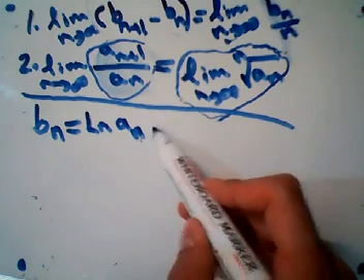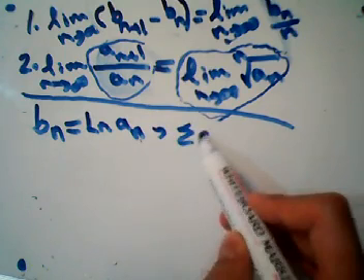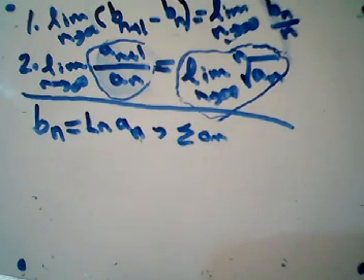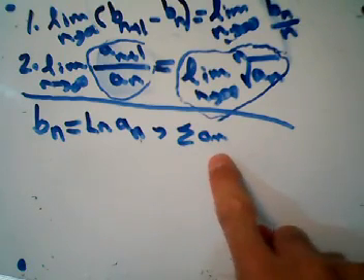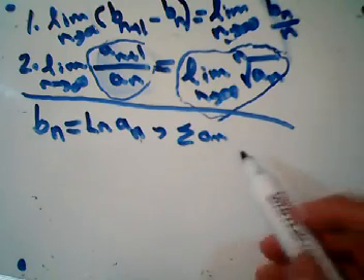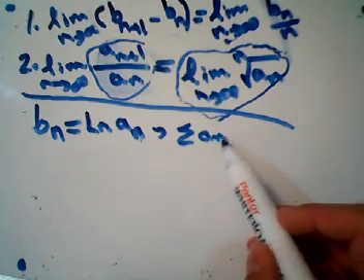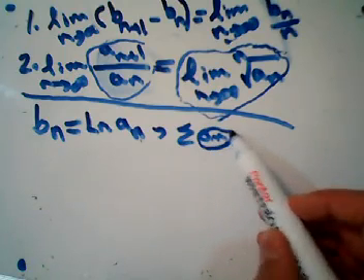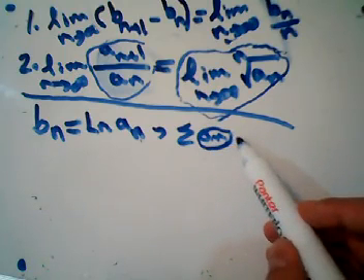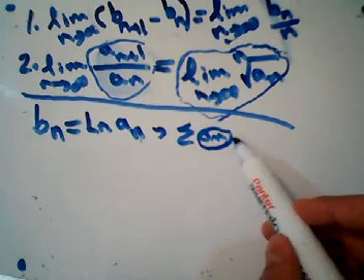Now, for our series to be convergent, the limit of this should be equal to 0.